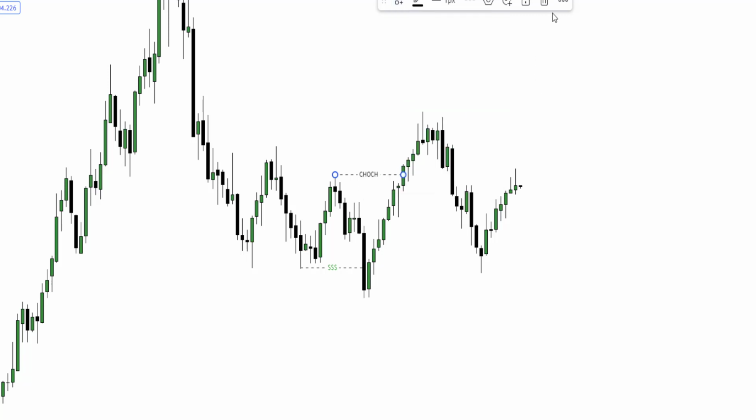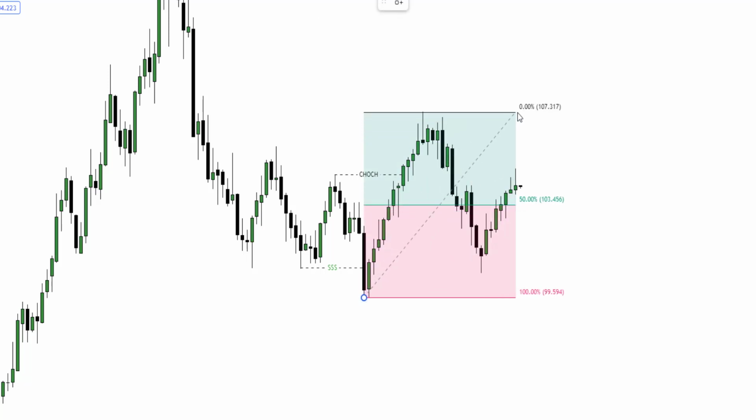Other people call it change of character. Price pushed up. Now we have this swing low and a swing high right here. What did we see? Price pushing down into a discount area, hitting the 50% of this bullish order block, which is also known as the mean threshold of this very big bullish order block.